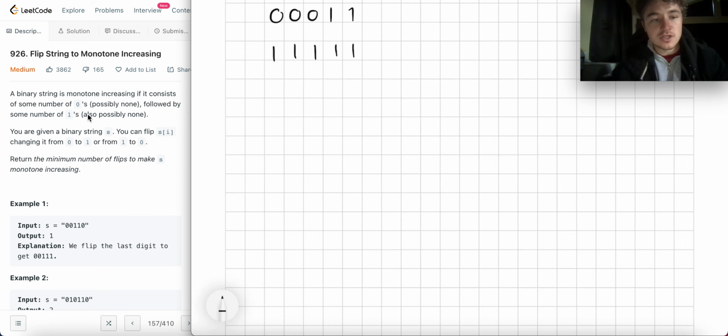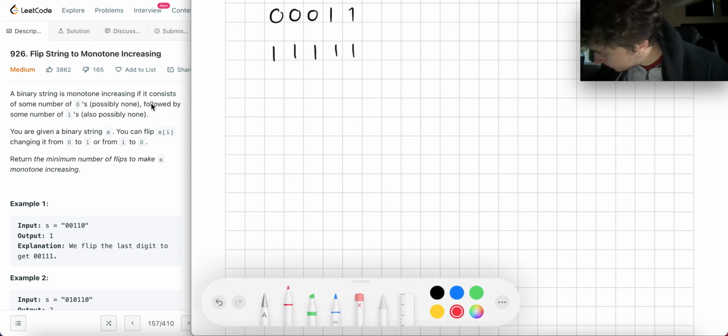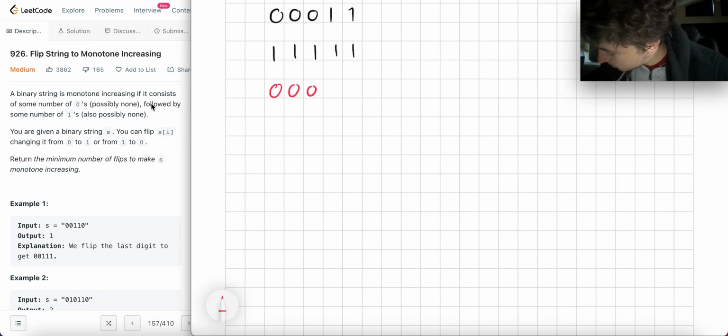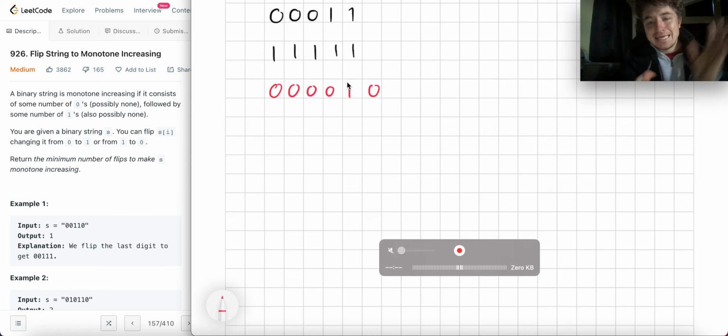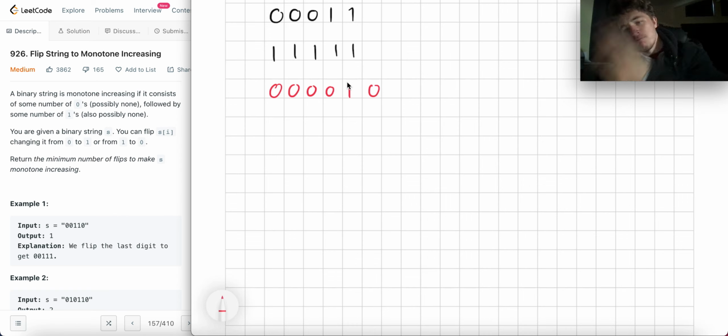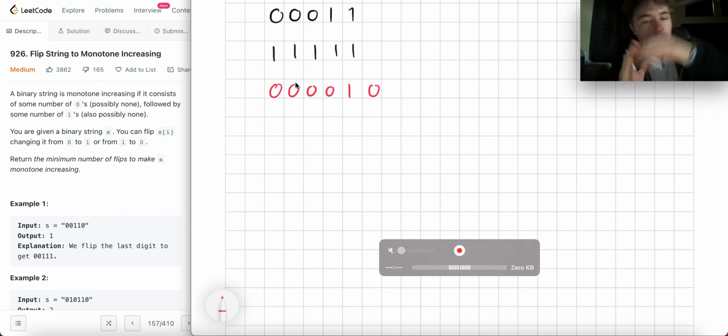We have no zeros followed by ones. This, though, would not be monotone increasing because the 1 here is not in the correct place. Why? Because the 1 comes before the 0.